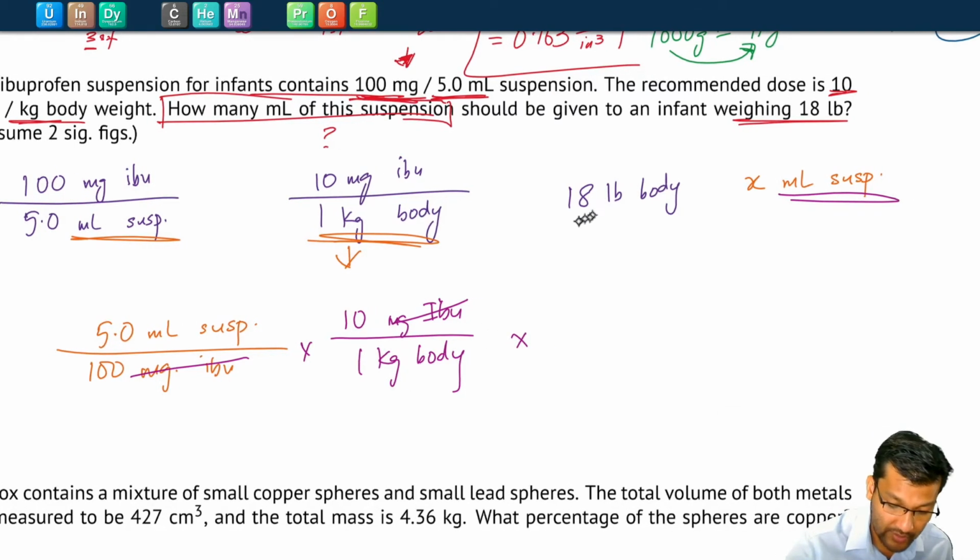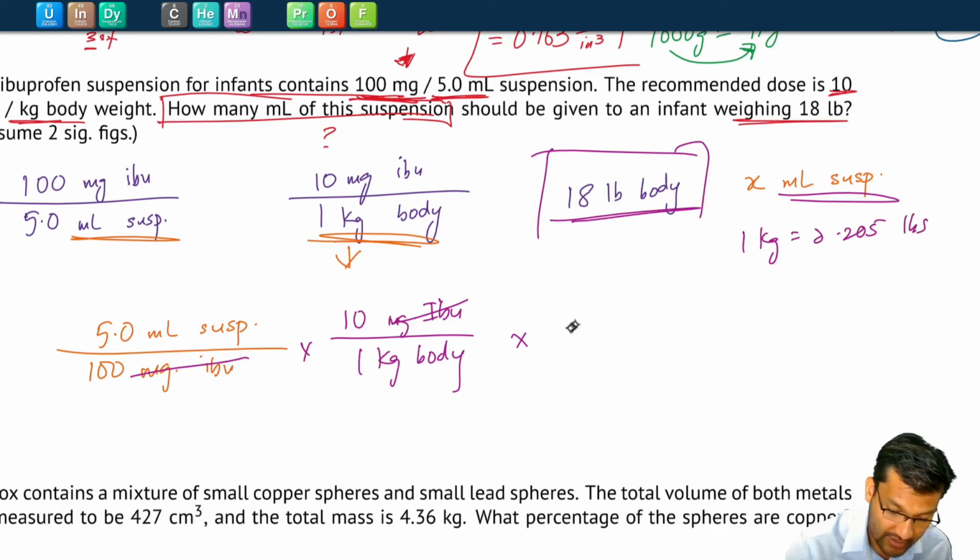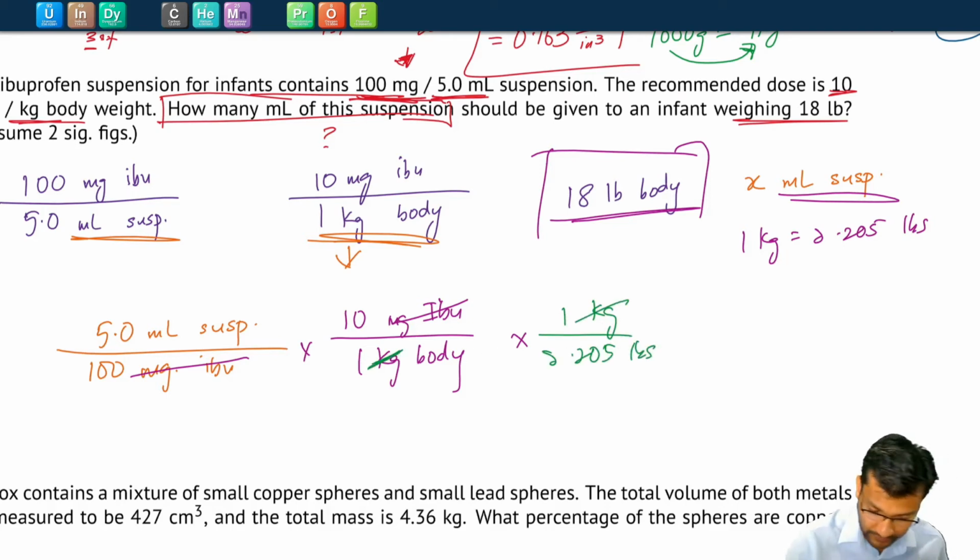But we have our body weight for the baby in pounds. We know we can convert kilograms to pounds because 1 kilogram is 2.205 pounds. So let's use that. 1 kilogram is 2.205 pounds. So kilograms cancel out.